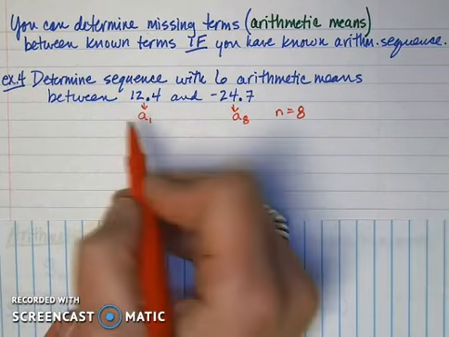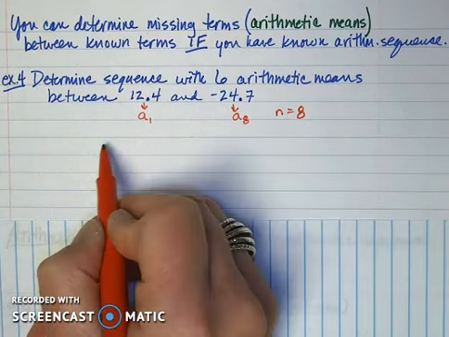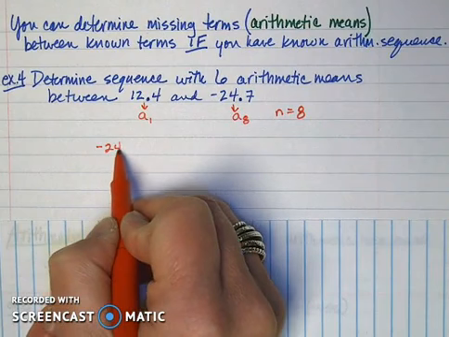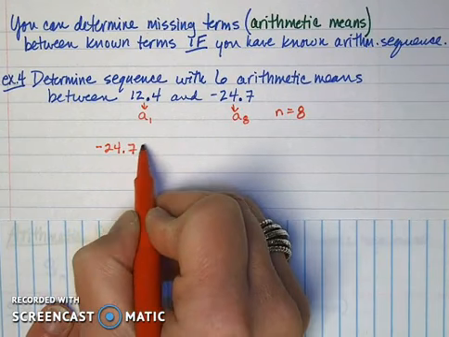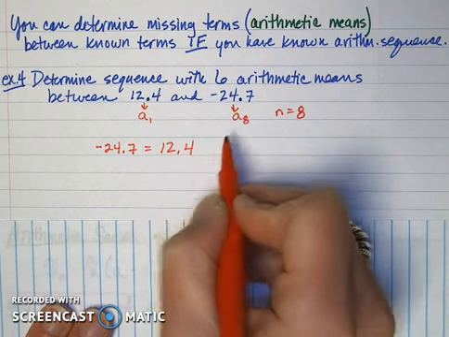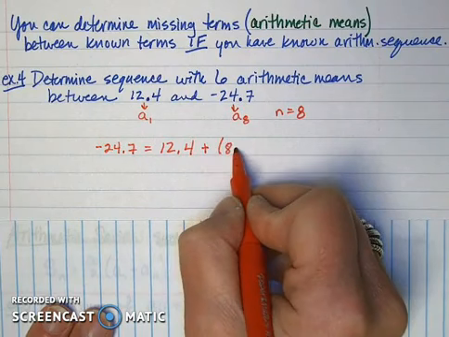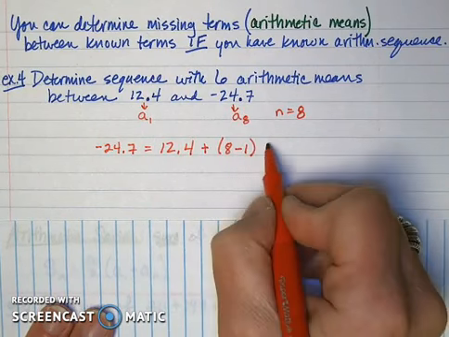That means that we have the 8th term, we have negative 24.7 equals the first term, 12.4, plus n minus 1, which would be 8 minus 1, times d. Well, we don't have d.